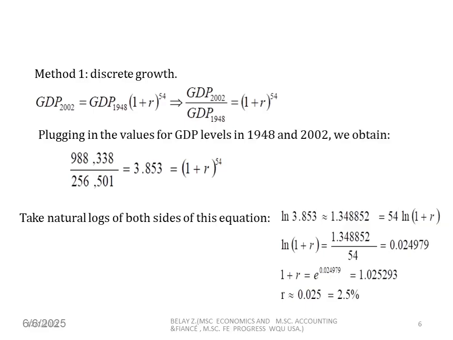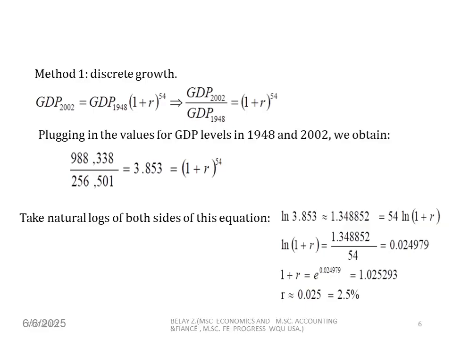Plugging in the values of GDP levels in 1948 and 2002, we obtain 3.853. This 54 is the difference between 2002 and 1948, that is the number of years, n.